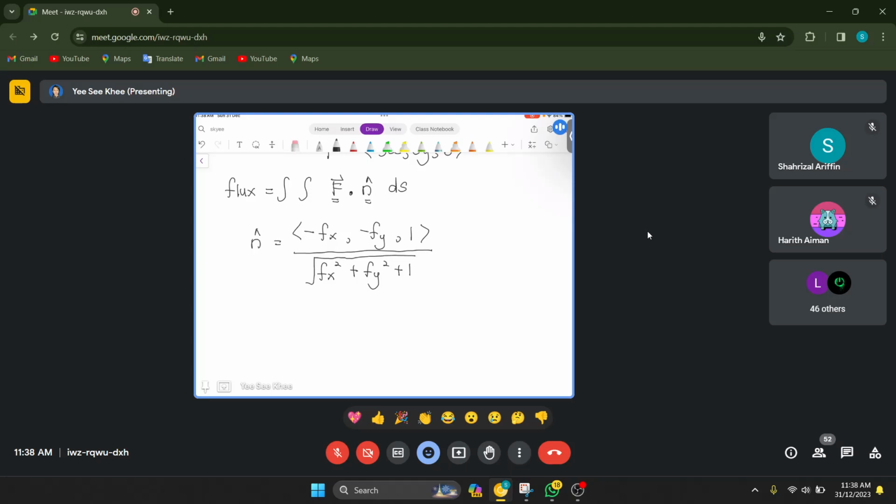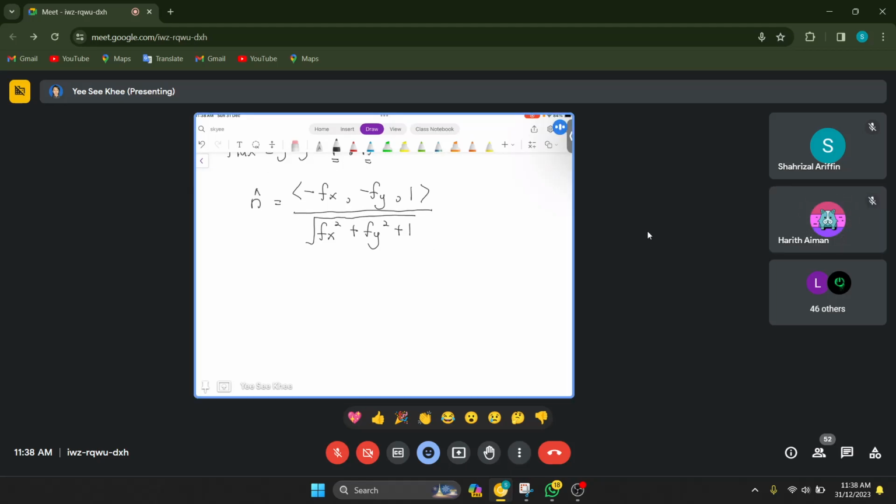This is the equation that we will use to find the flux. Is anyone not clear about these equations? Clear, madam? Well, very good. Thank you for the response.